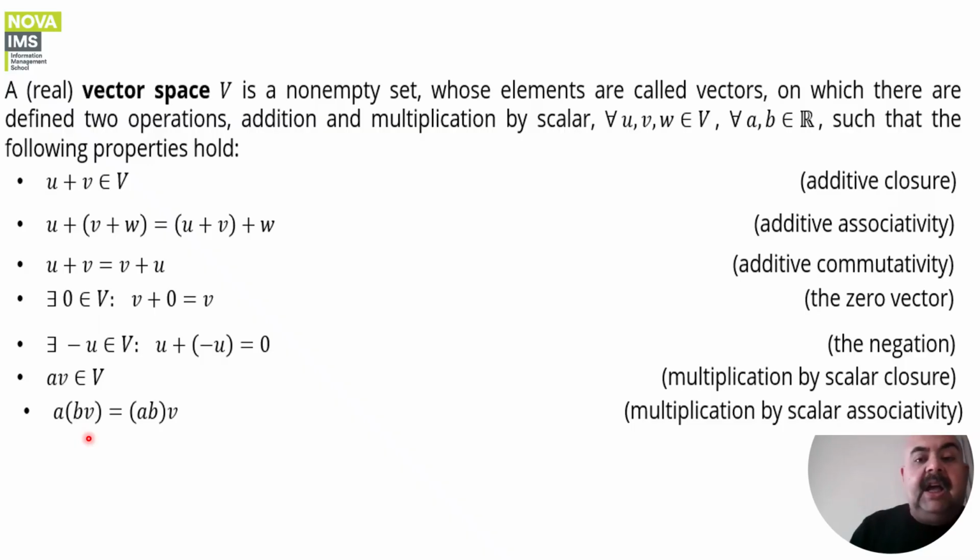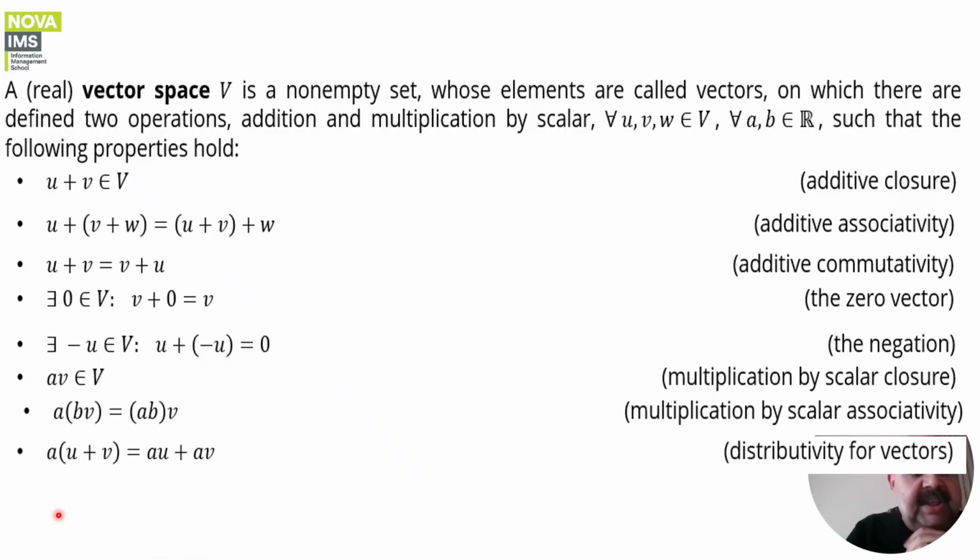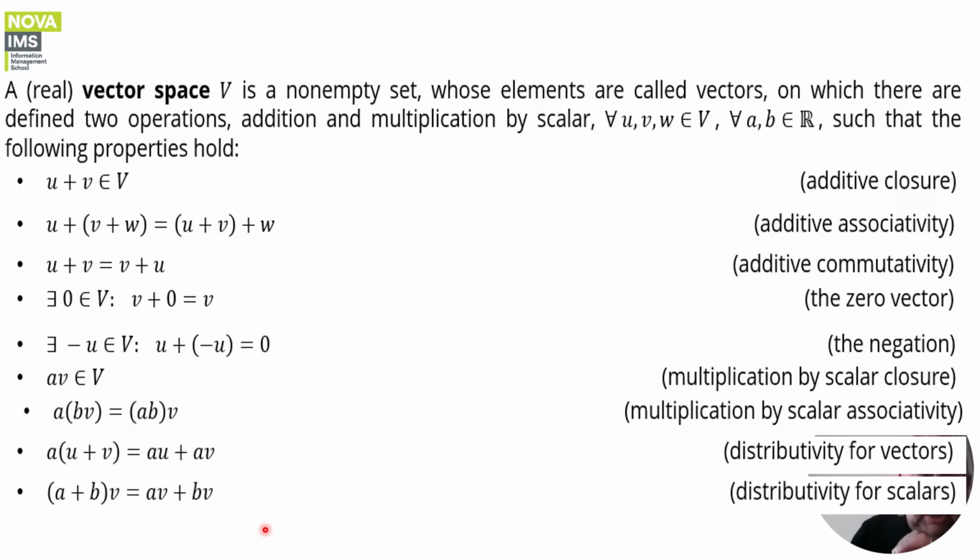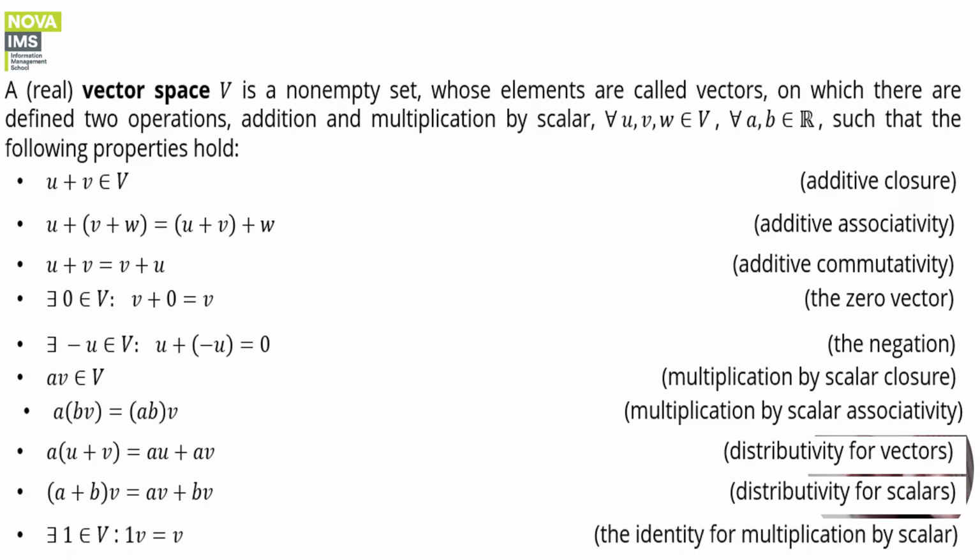I should be able to multiply a times bv, and it's going to be exactly the same as multiplying ab times v. Also, the distributivity property, which means a can be distributed on two vectors in the following manner, and also the distributivity of scalars on one vector as you saw. Also, the existence of the identity of multiplication. Under all of these conditions, it's going to be a vector space.